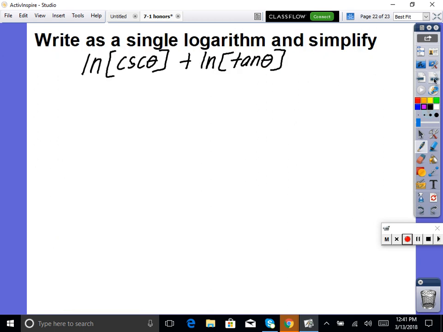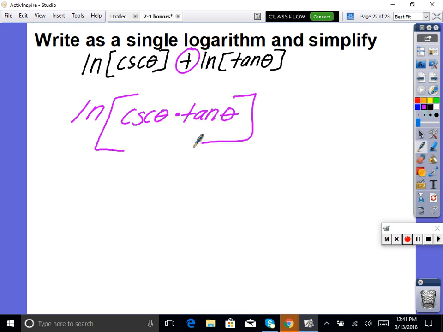So we're almost done here. Write as a single logarithm and simplify. So we have to know our logarithm rules. When you add, you multiply. So this is ln of cosecant theta times tangent theta. Then you would say, well, cosecant is 1 over sine.